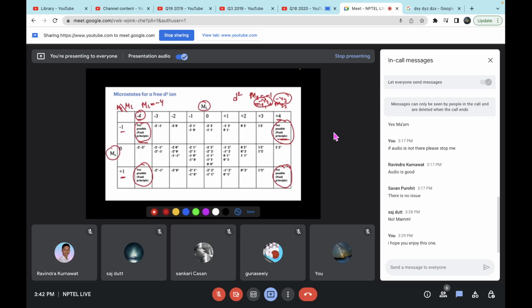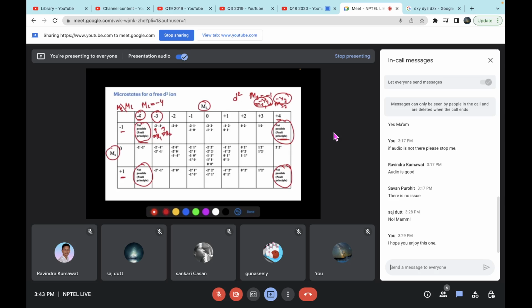And for the other spaces, for example, ml1 is 2 and ml2 is minus 1 here. So the summation of minus 2 plus minus 1 gives me minus 3, with the spin of minus 1/2 each, so that they are following Pauli's principle, and therefore the number of microstates is actually 1.